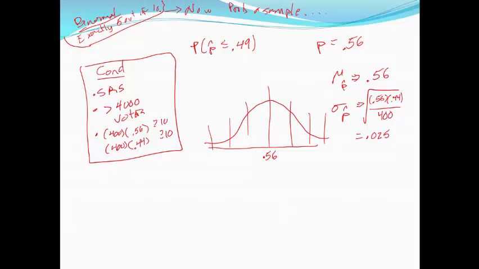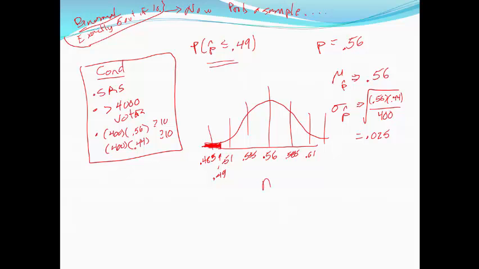So it would be 0.585, 0.61, 0.51, 0.535, and then 0.485. The probability statement tells us I'm going to start at 0.49, then shade down. So just based on this curve, it's not going to be much in terms of a probability.